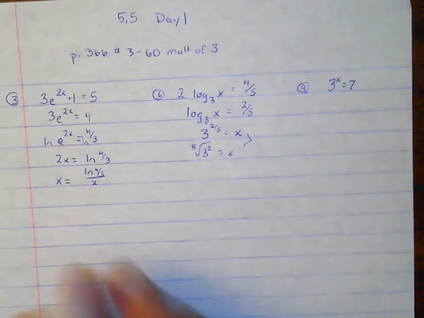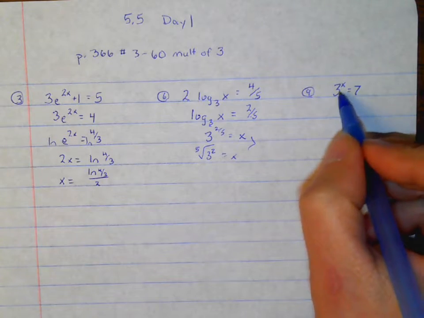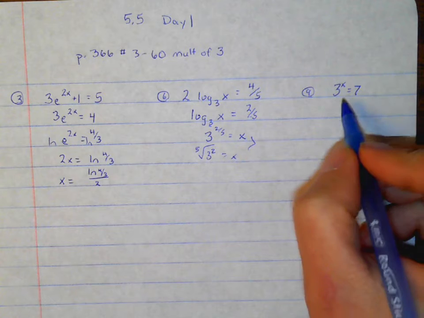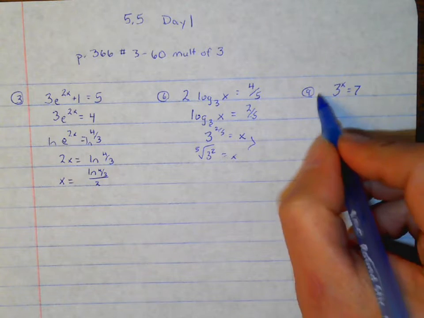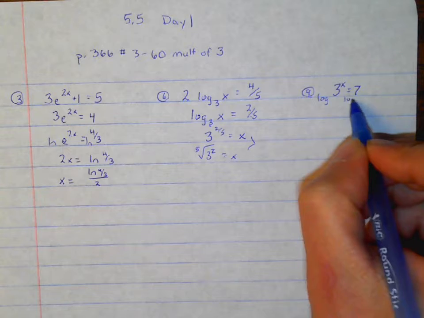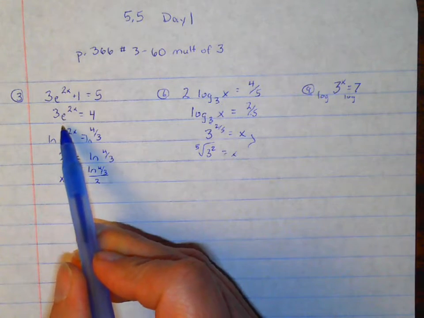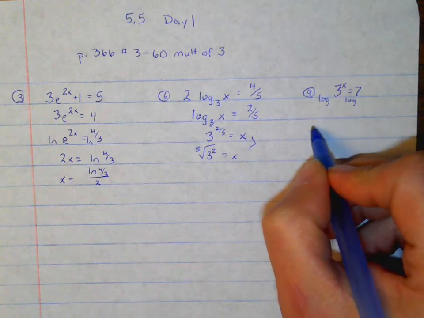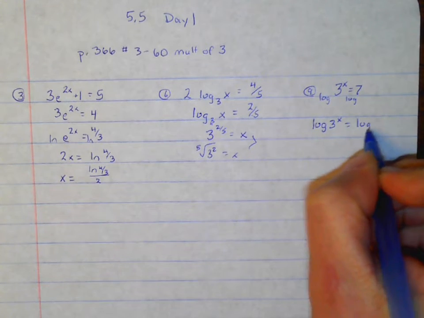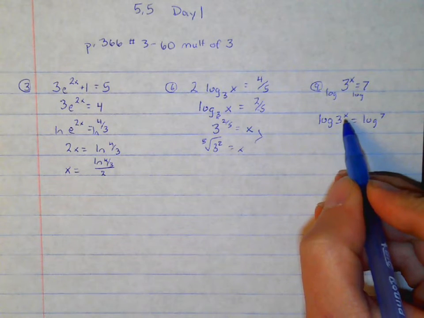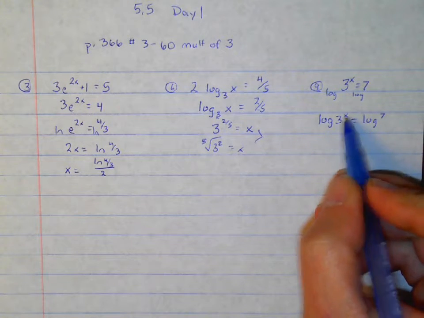Okay, next one there. If we just have an exponent here, remember we said we could take the log or natural log. Either way, I'm going to take the log function. I'm only going to use natural log when I have the e. Okay, so I know that log of 3 to the x is equal to log of 7. Using the product rule here, take the x out front.